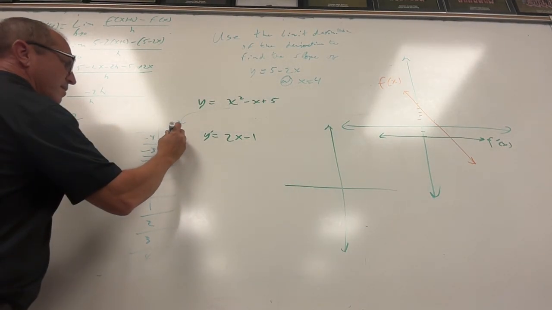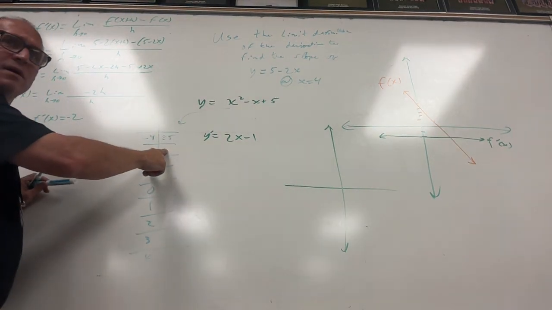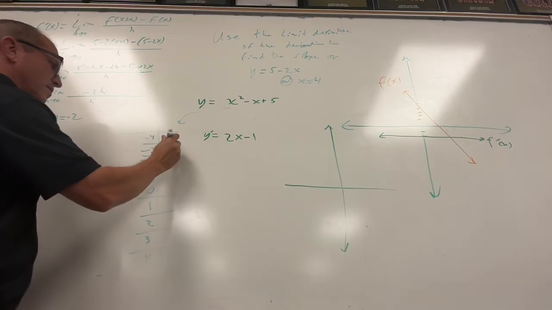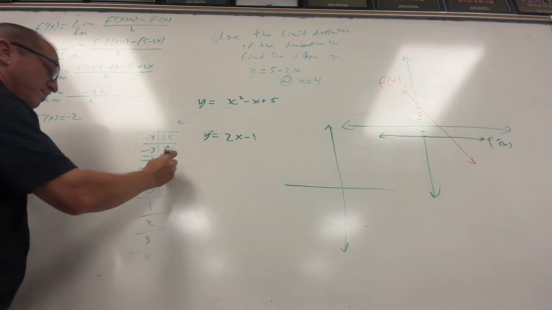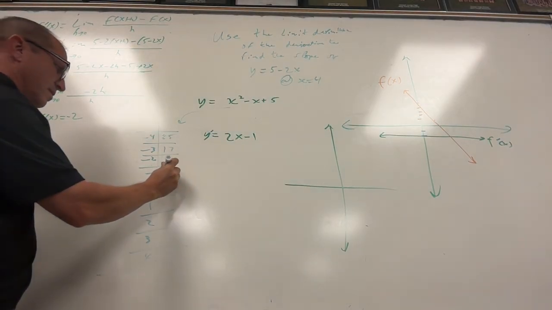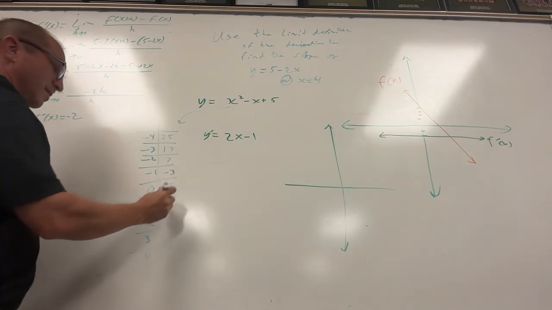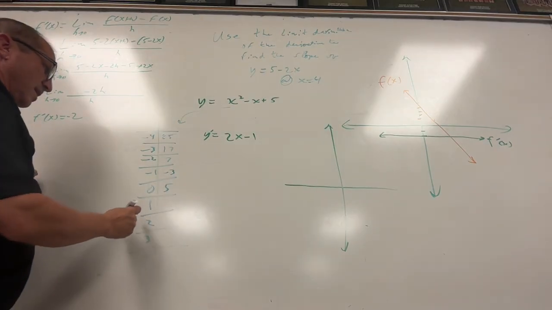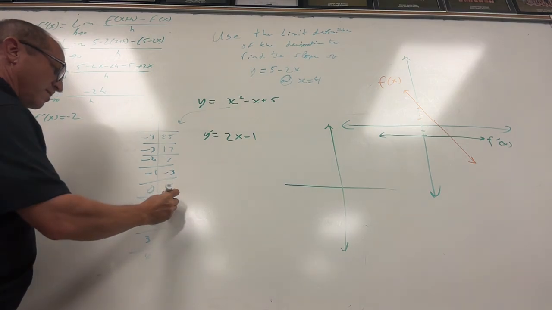All right, what about negative 3? 17. Negative 2, 7. Negative 1, 3? 0, 5, all right. 1, 5?